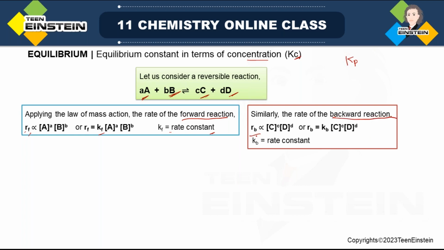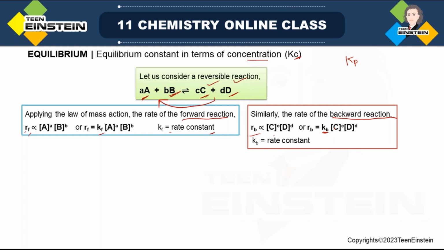But for the backward reaction, we will use a different term, rb, b for backward, and it is proportional to [C] to the power c, [D] to the power d. As if now you are moving from this side to this side, so these two will now be the reactants. That is why for the backward reaction, you have to write it in this way. If you remove the proportionality sign, you have to place a constant, and we have taken the constant as Kb, and this is called the rate constant.